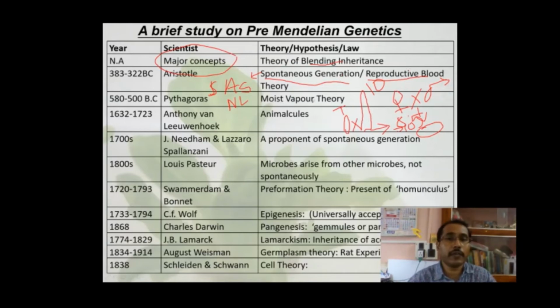But the reproductive blood theory says that male organisms have a pure semen, which during intercourse coagulates and aggregates with the female semen, which he said is impure.